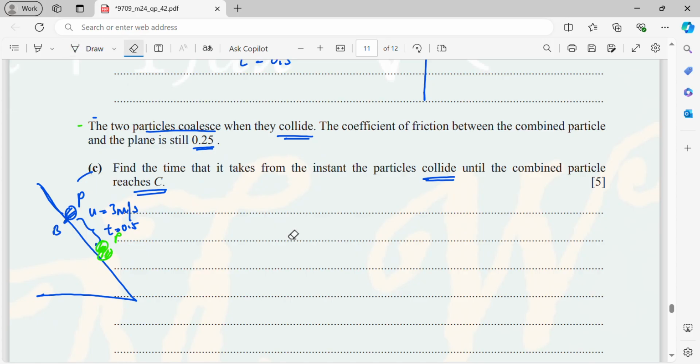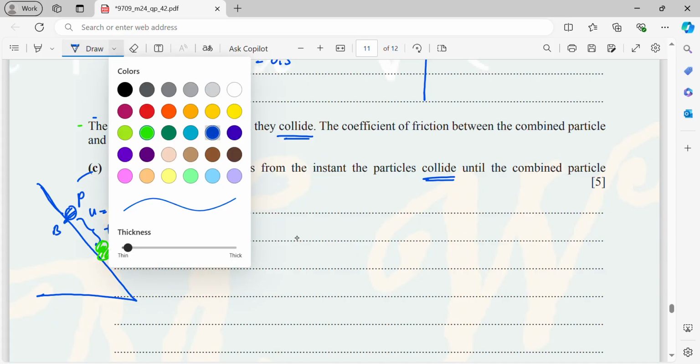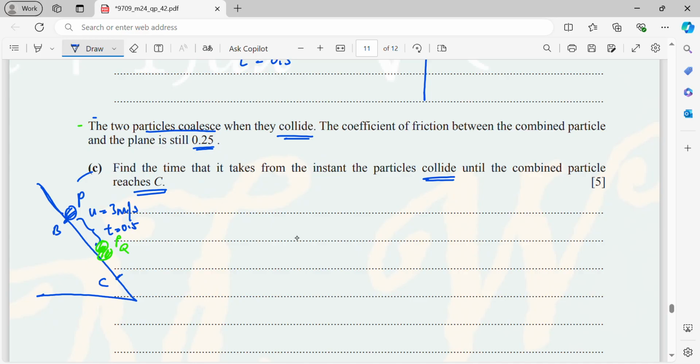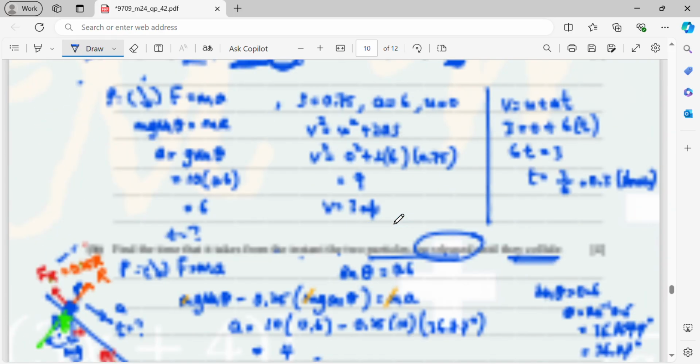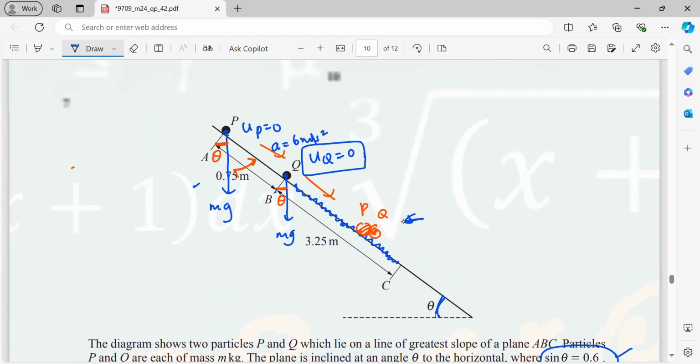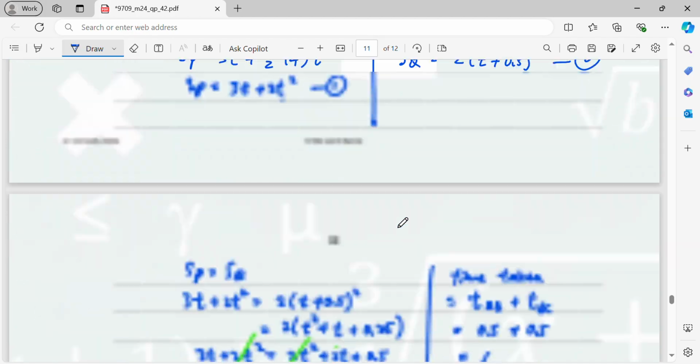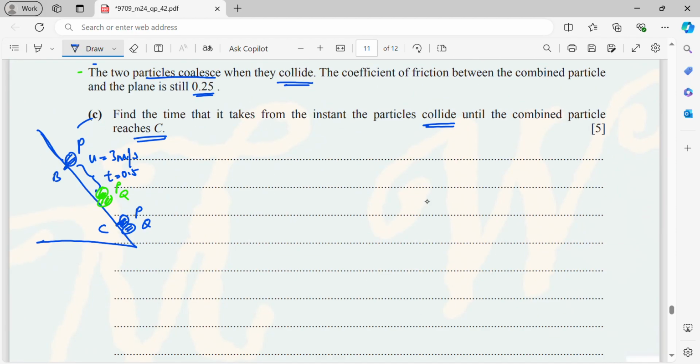Okay, P and Q. And now it is C. So reaches C. Let's say this is a C. So here, P and Q. Now we know that BC is with distance of 3.25 meters. So now here, 3.25. Okay, this is C.